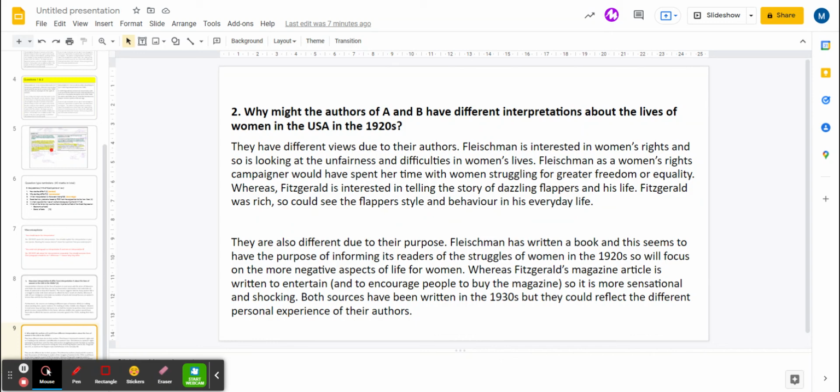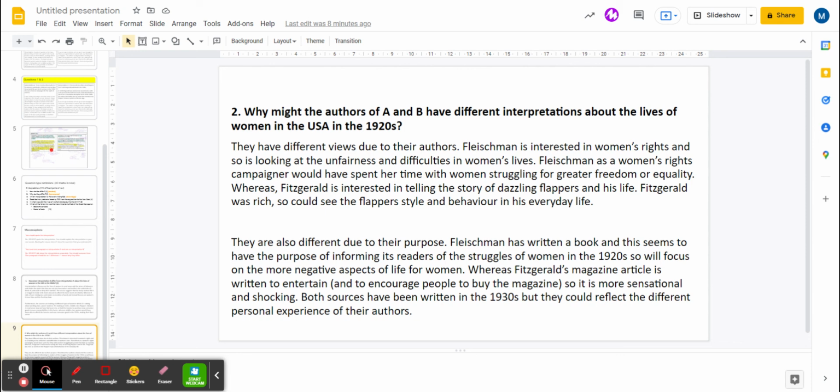The second reason is that they're different because of their purpose. We know that Fleischmann has written a book, and this seems to have the purpose of informing readers of the struggles of women in the 20s, so it will focus on the more negative aspects of people's lives. Whereas Fitzgerald's magazine article is written to entertain and also to encourage people to buy his magazine and read his stories, so it is more sensational and shocking.